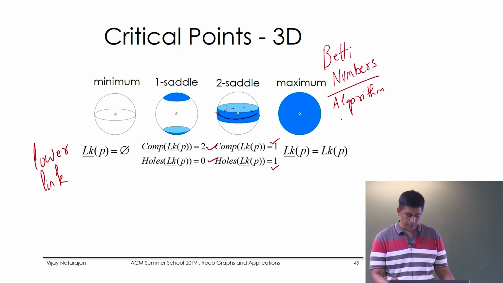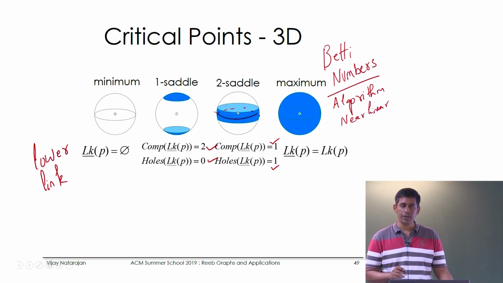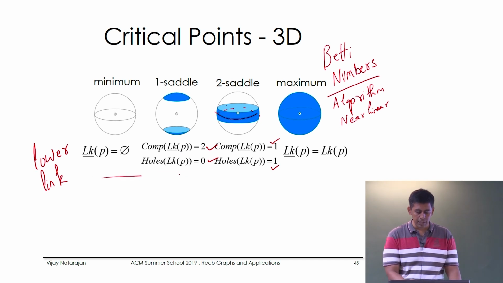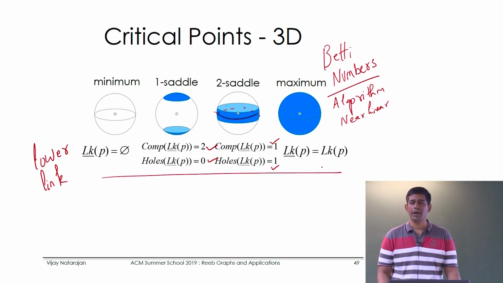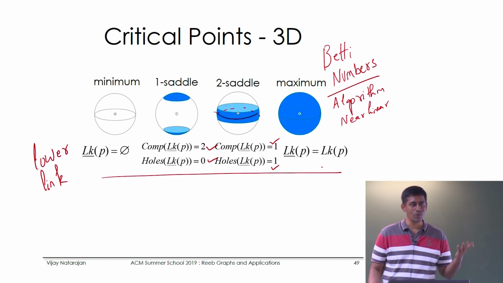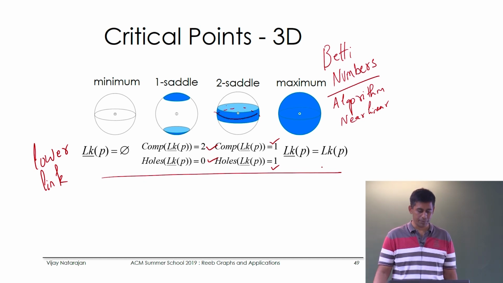It's almost near linear time. So, you can use that algorithm to compute the Betti numbers, and you can calculate all these guys and you characterize your critical points. So, first job done, we know where the nodes of the Reeb graph are. Now the task is how do I compute the Reeb graph.